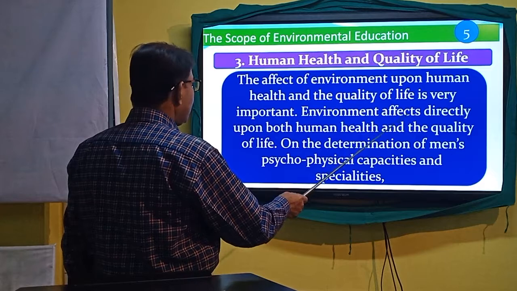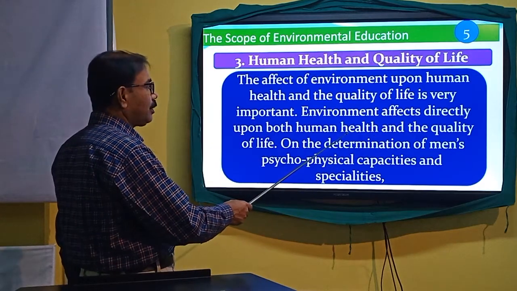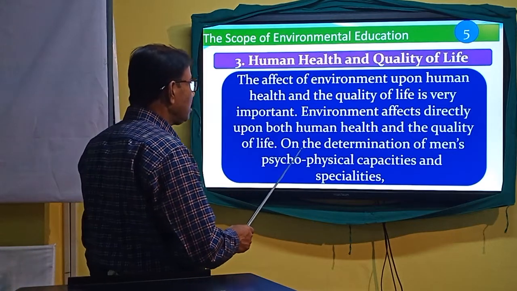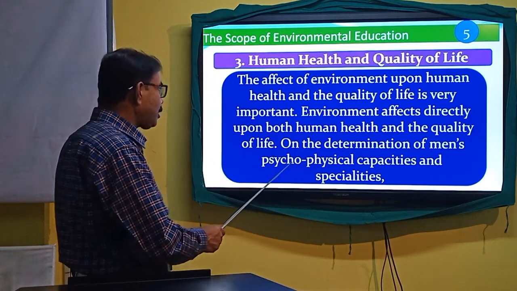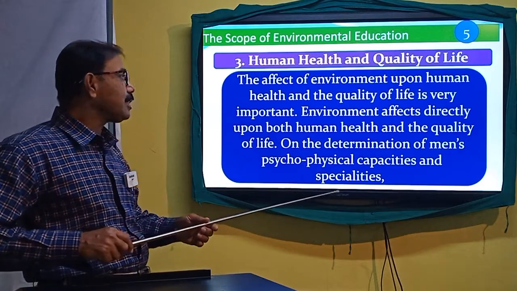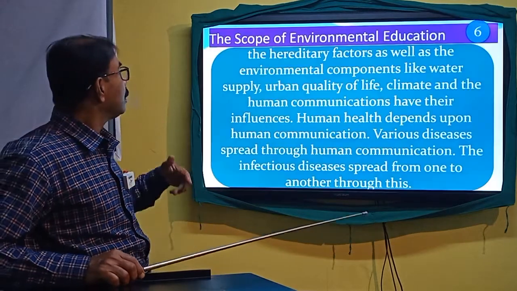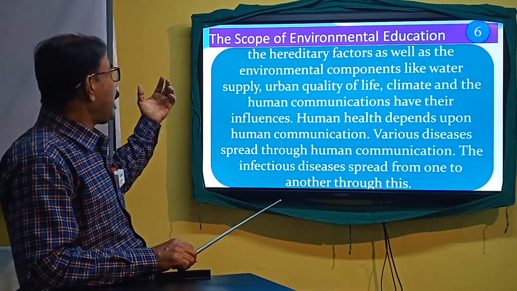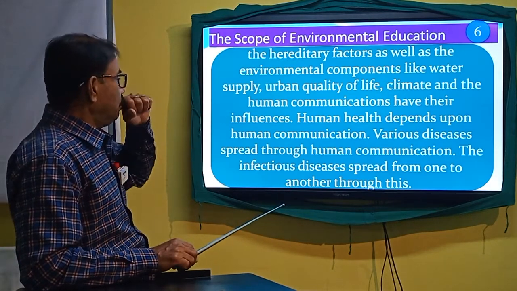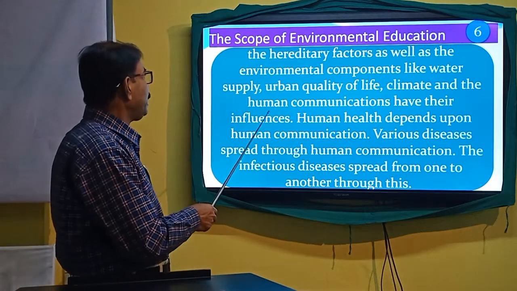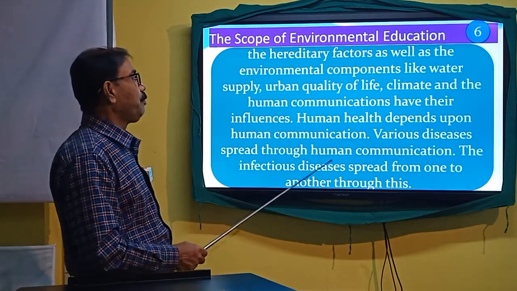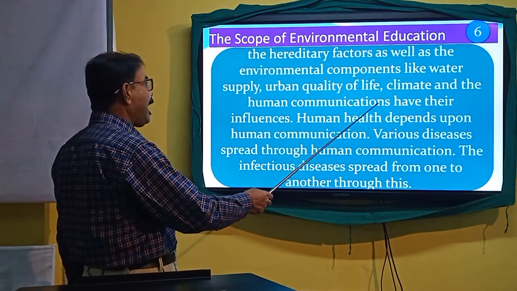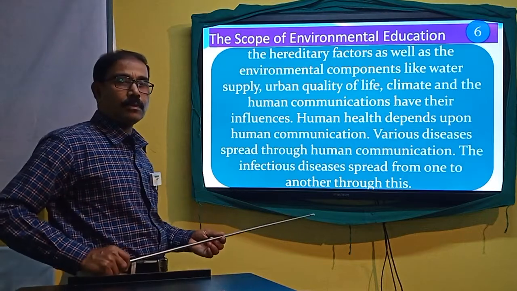Environment affects directly both human health and the quality of life. In the determination of man's psychophysical capacities and specialities, the hereditary factors as well as the environmental components like water supply, urban quality of life, climate, and human communications have their influences.